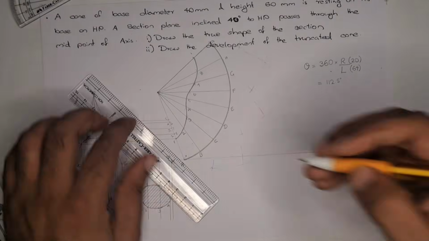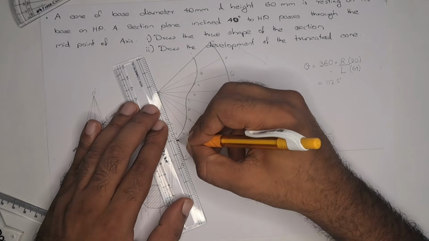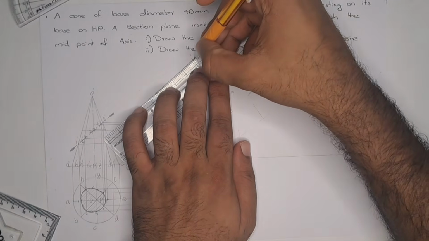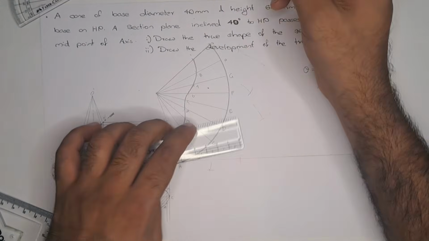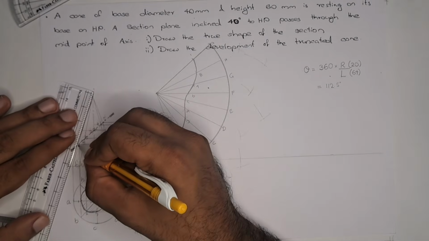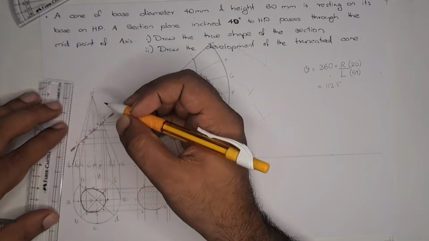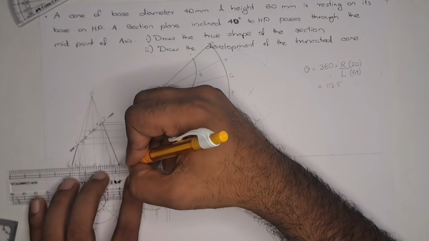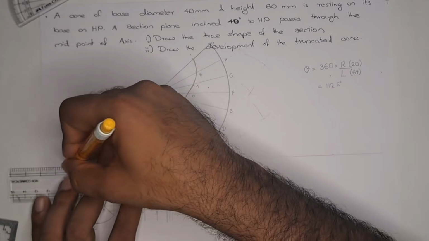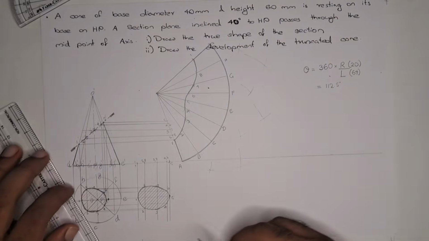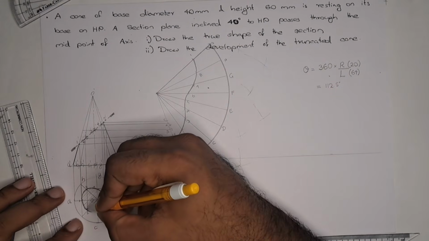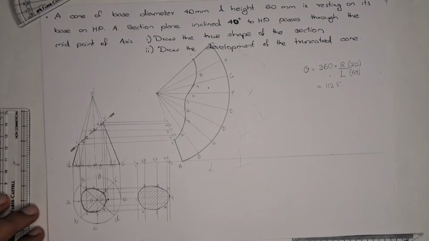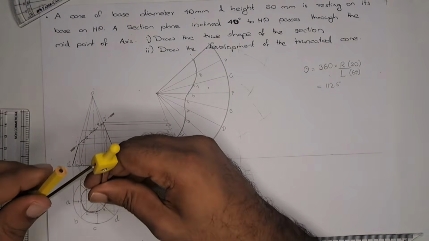The first and the last. No need to darken the generators. Here also we need to darken the truncated portion, only the outer. Here it is already darkened here, and this also, and the outer circle.